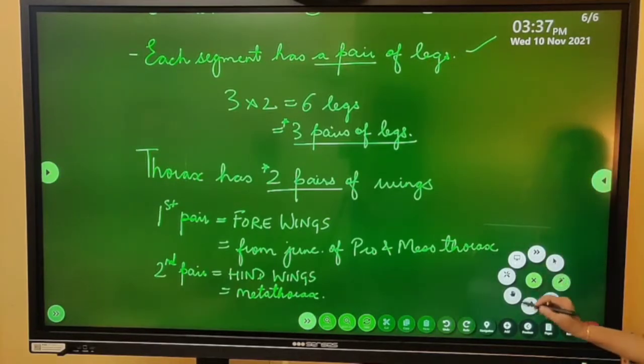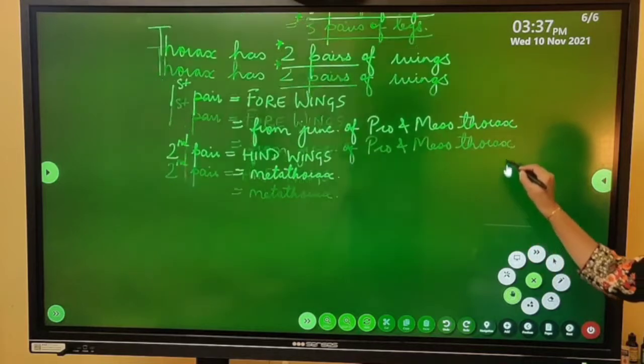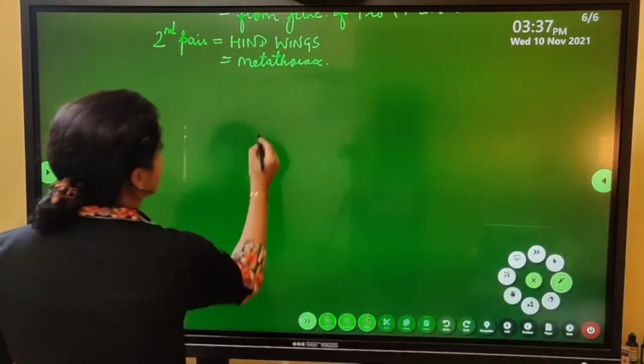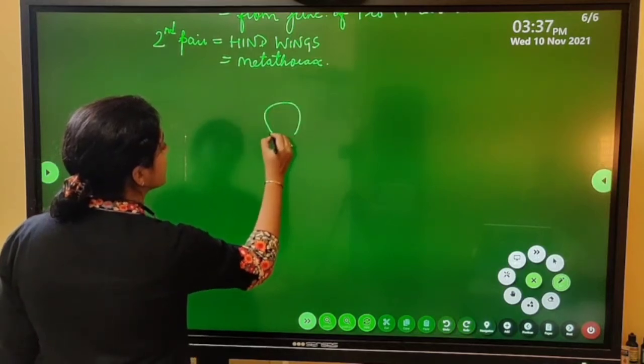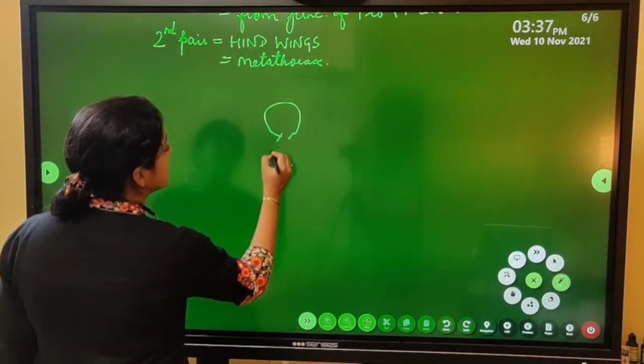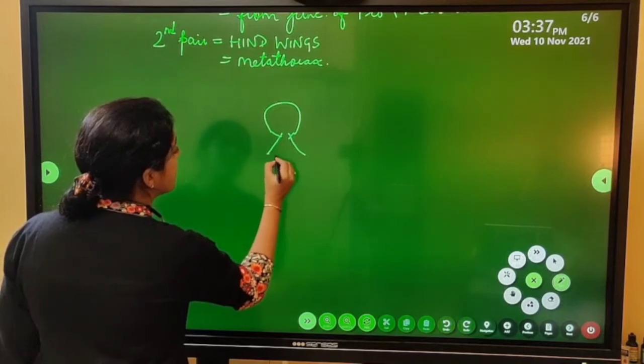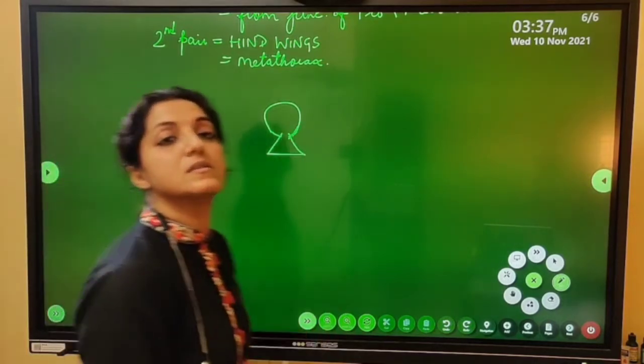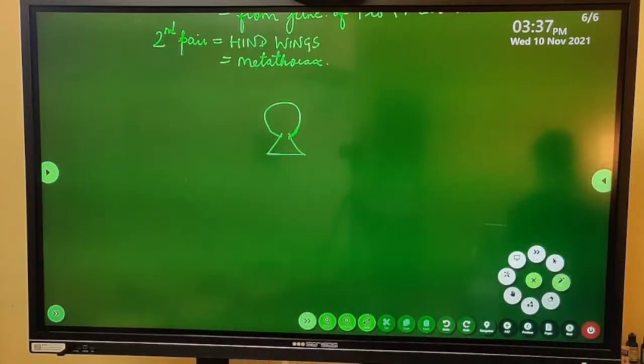Let us do the diagram to understand it better. See, if this is the head of the cockroach, then this is the prothorax.